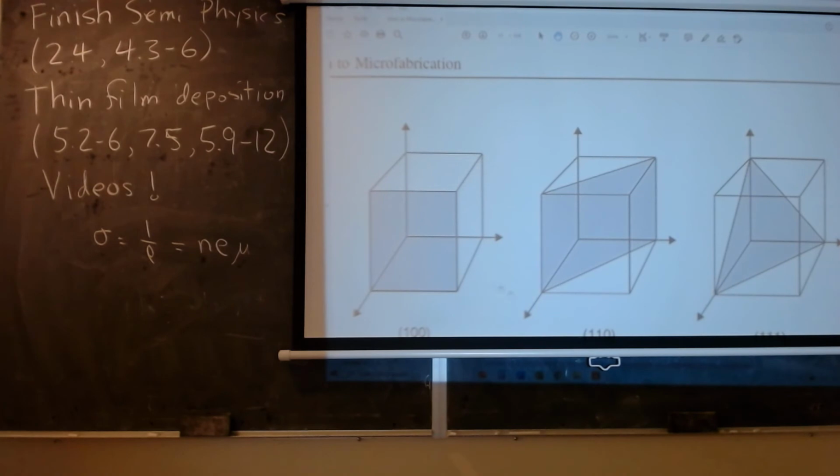You get the idea that it's 100 because it's only one; it's 110 because it connects 2 sides. And then a third plane, and it tends to be this plane and the first one that you actually use, is where you connect the opposite vertices like this, and that's called the 111 plane.